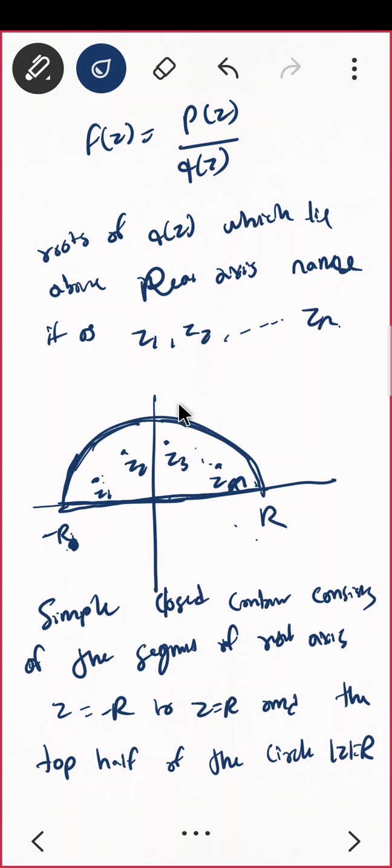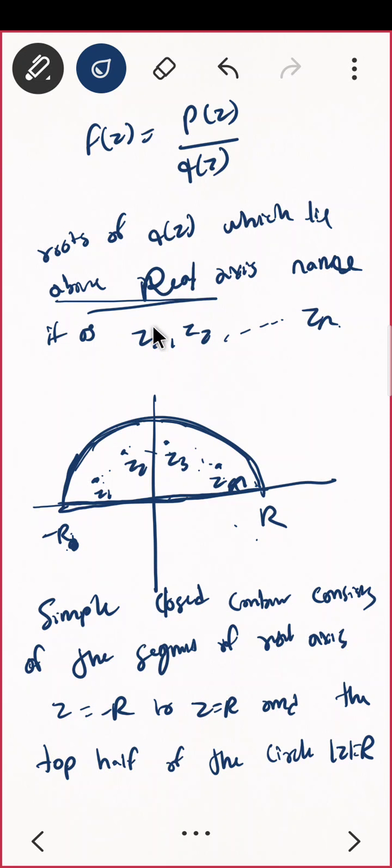So the contour integral of this will not depend on the real axis. It will depend on the poles, the singularities inside that. That's why I wrote which lie above the real axis. That was the important part.